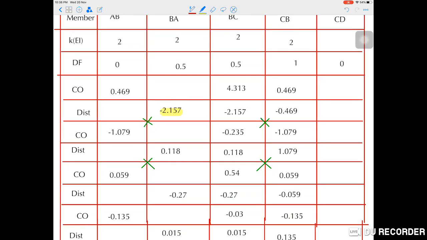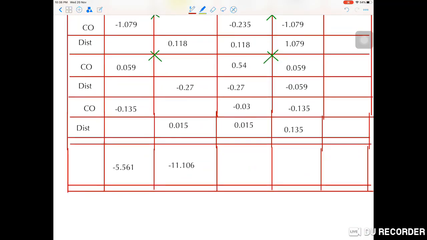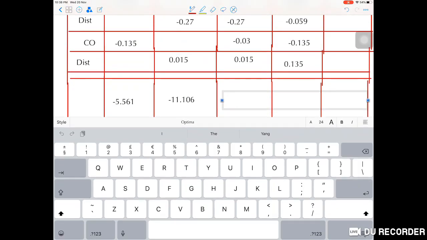Continue with this, plus 4.313 minus 2.157 minus 0.235 plus 0.118 plus 0.54 minus 0.27 minus 0.03 plus 0.015. It is 26.107.